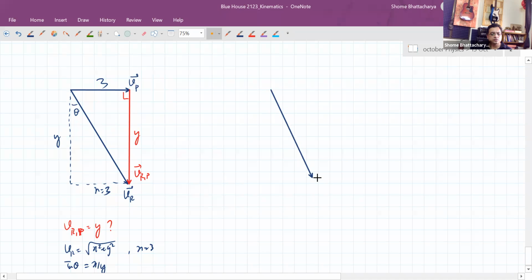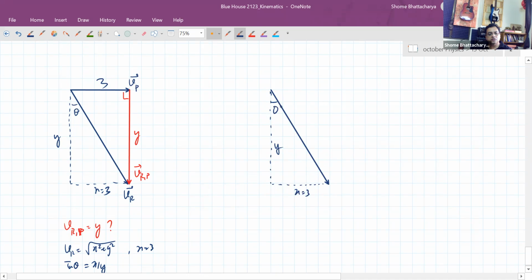Okay. Now in the second diagram, when we draw the velocity of the rain, this y is the same as in the first diagram. And this x is also the same as in the first diagram.